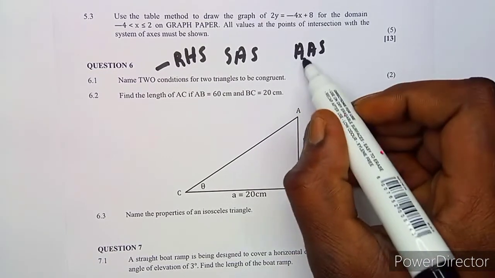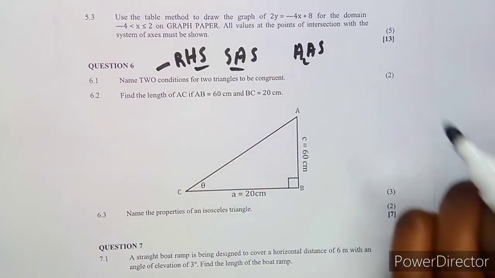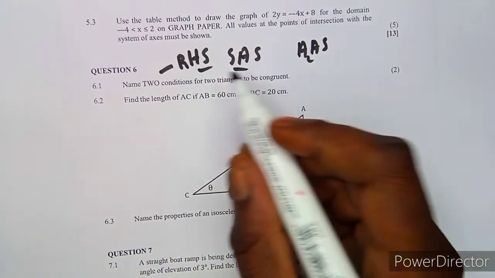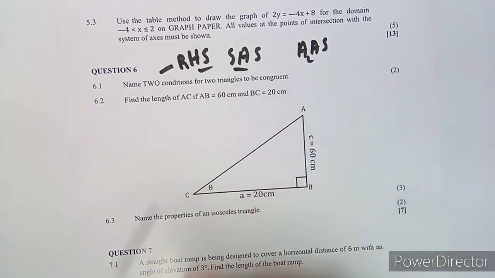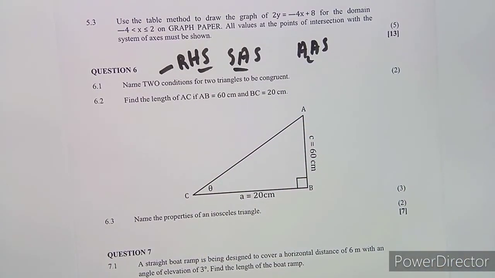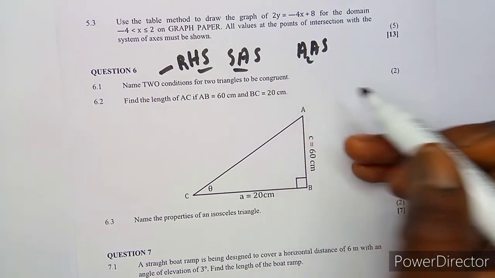It depends on what you'll be given. There are so many conditions, but it's just to name them: right angle, hypotenuse, side; side, angle, side. That works on the condition that the sides should be equal and the angles should be equal. So that is what we are going to work with. All right.